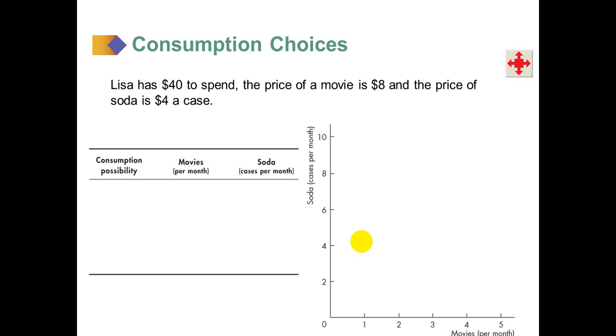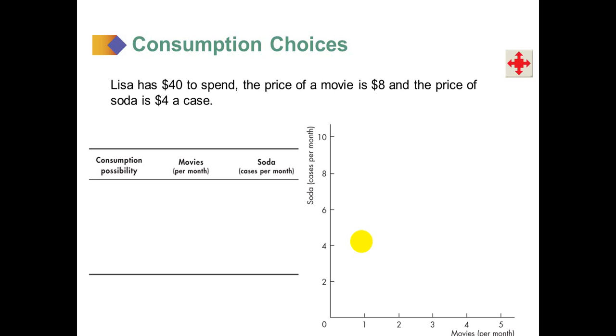First of all, we have to know consumption choices. The choices you make as a buyer of goods and services are influenced by many factors, which economists summarize as consumption choices and preferences.